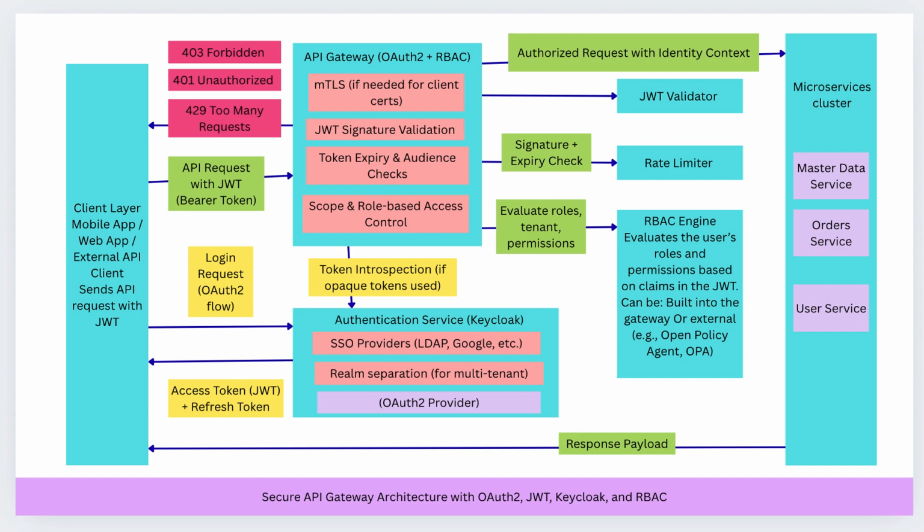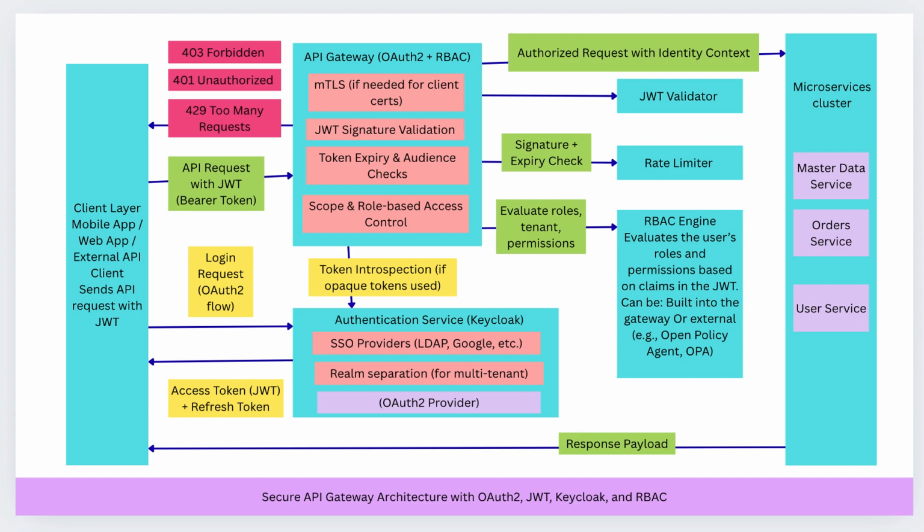For example, GET /orders is routed to the order service, and POST /users is routed to the user service. The gateway may attach headers like X-User-ID: 123, X-Roles: logistic user, X-Tenant-ID: Walmart.